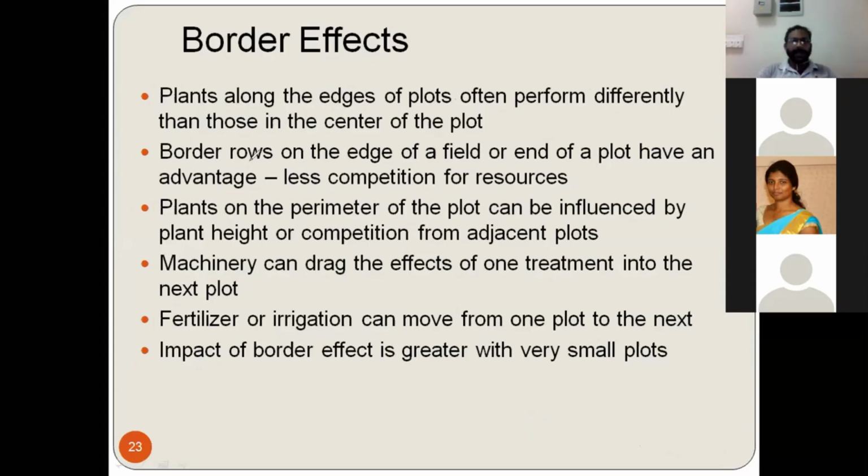Border rows, this is what I said, border rows, at the edge of the field or end of the plot, have an advantage, less competition over the resources. As I said here, the other reason is, let's say the border rows here.